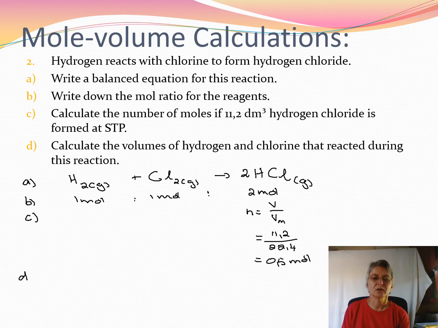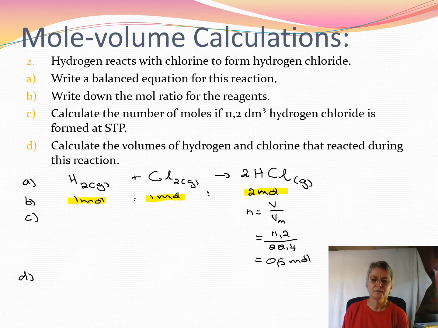D. Calculate the volumes of hydrogen and chlorine that reacted during this reaction. So the mole ratio is 1 mole hydrogen to 1 mole chlorine to 2 moles of hydrogen chloride.